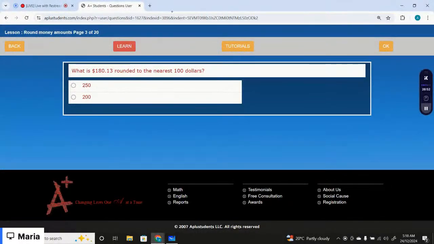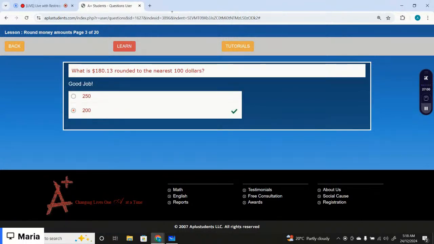Option number two is the correct option. That is $200. 180.13 is rounded to the nearest $200.